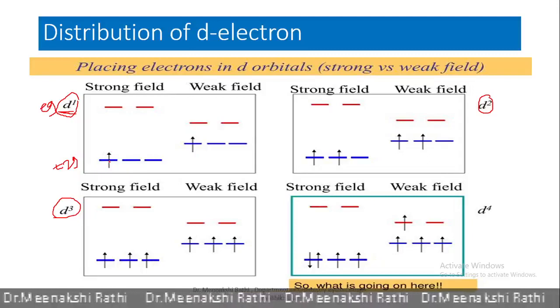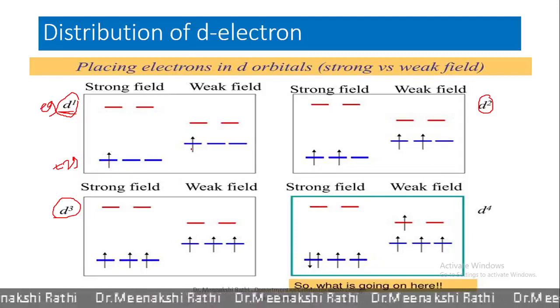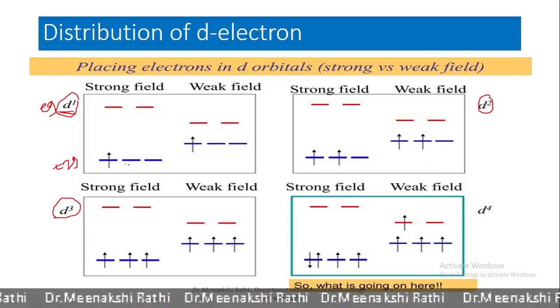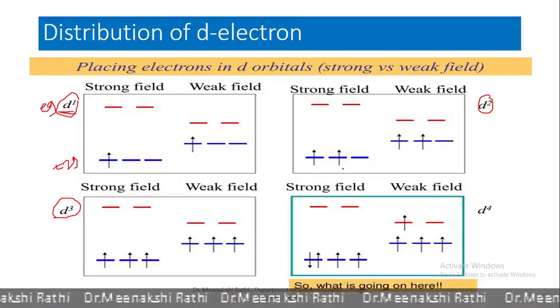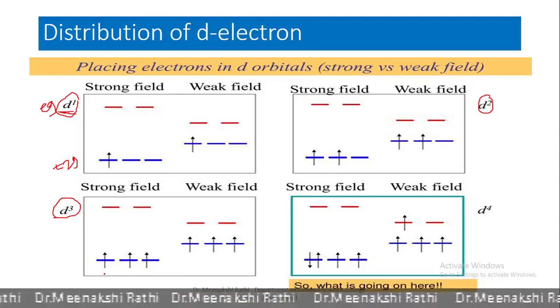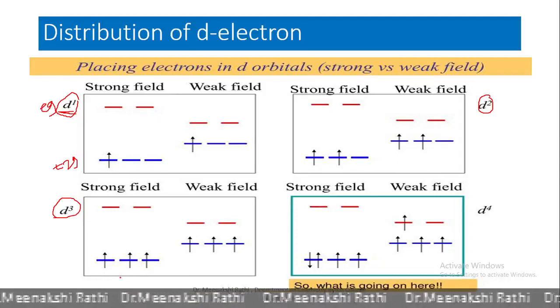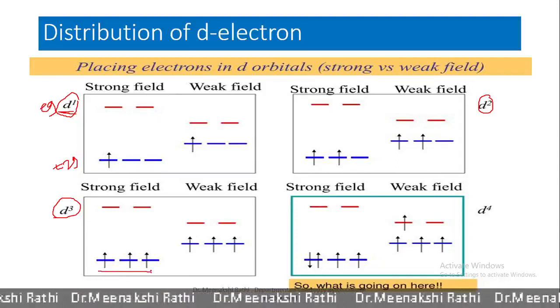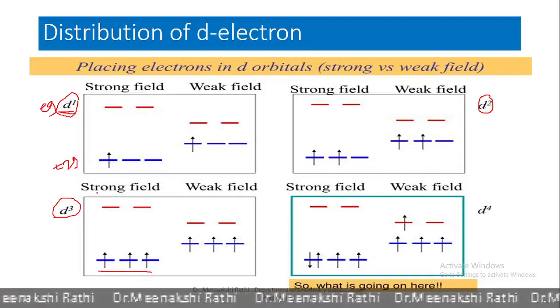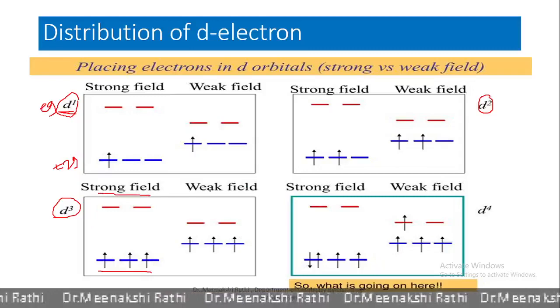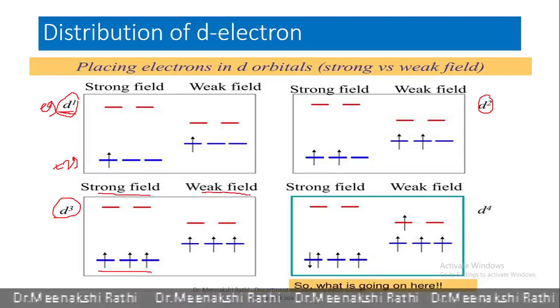Whether it is strong field, one electron will occupy the lowest energy level, that is t2g. Same is for 2 electrons and same is for 3 electrons. These 3 electrons will be present in the lower energy orbitals, whether in strong field or weak field.